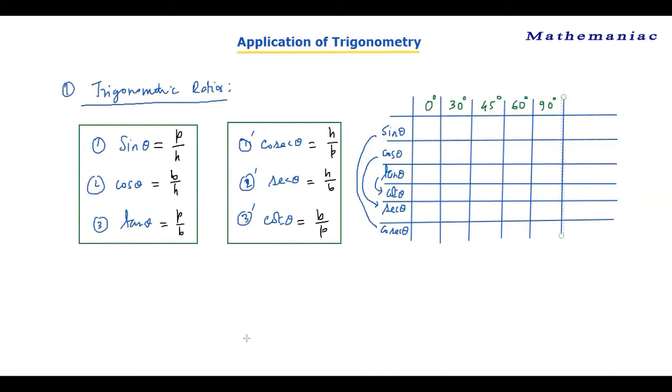Once we have done with the table, first you give the input of the value of sine. Sine 0 is 0, sine 30 is half, sine 45 is 1 by root 2, sine 60 is root 3 by 2, sine 90 is 1. Now I am going to provide you the memory aid for the first line also.